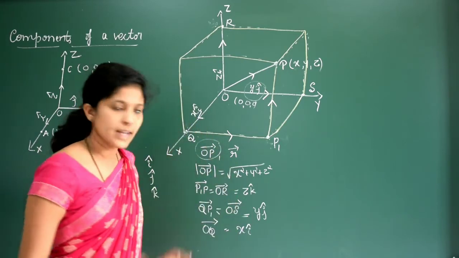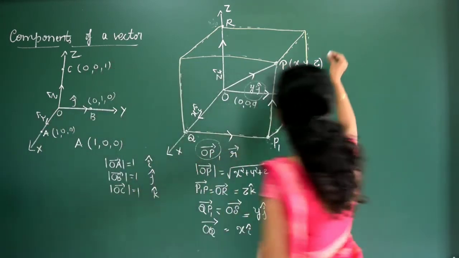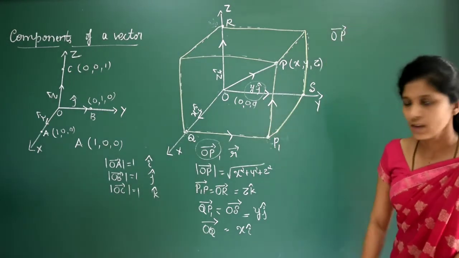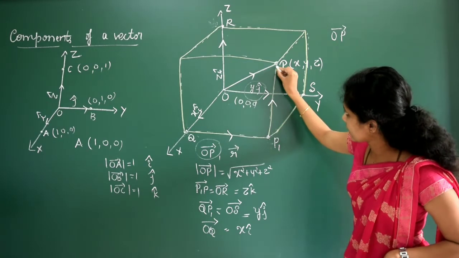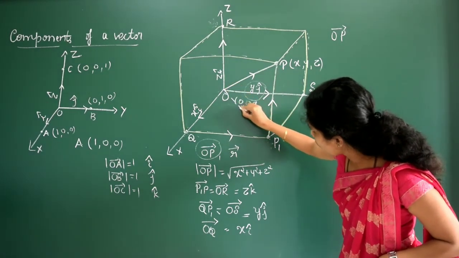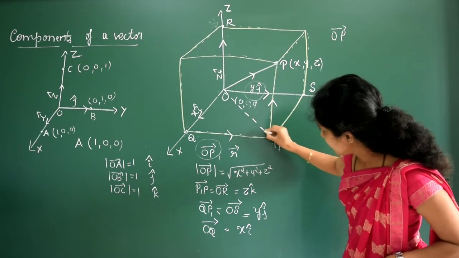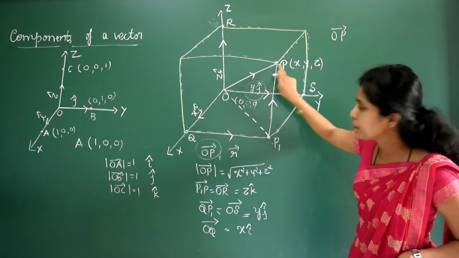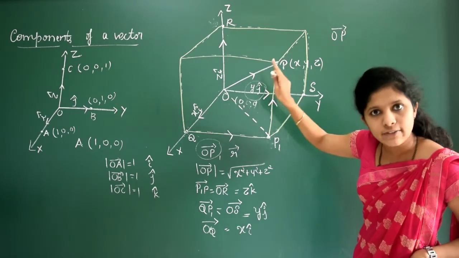Is it clear? Now we have to find the OP vector. The OP vector is nothing but, if I join this O and P1, let us join O and P1 to find the OP vector by using vector addition.